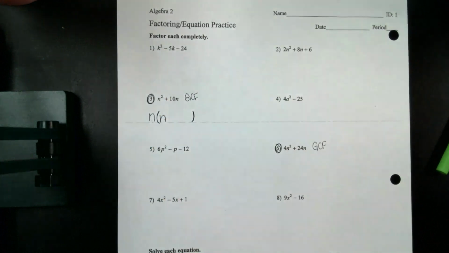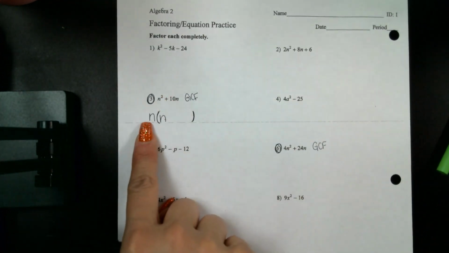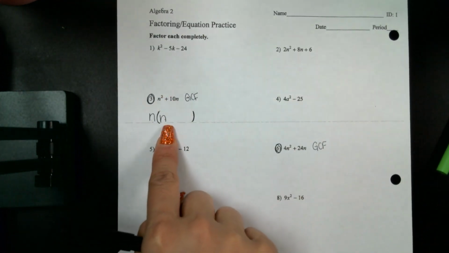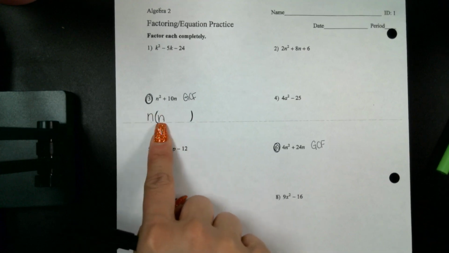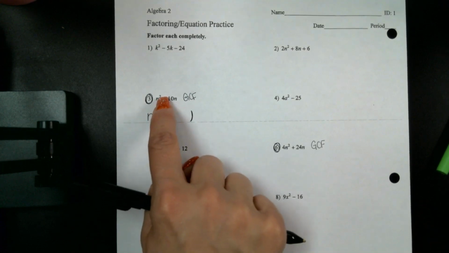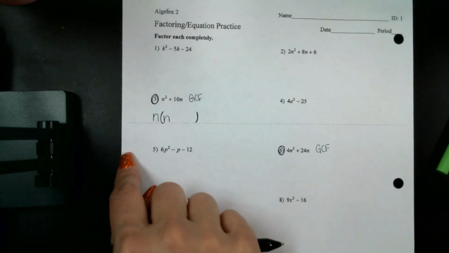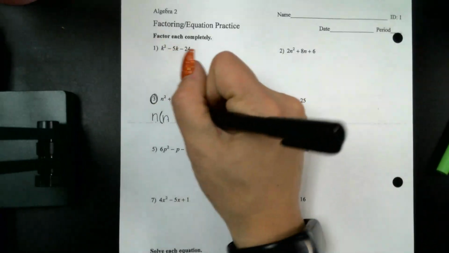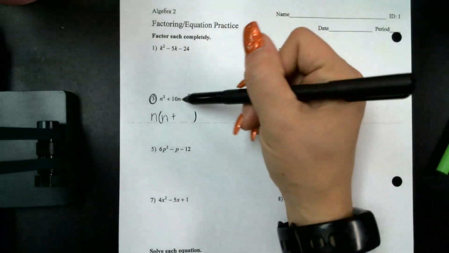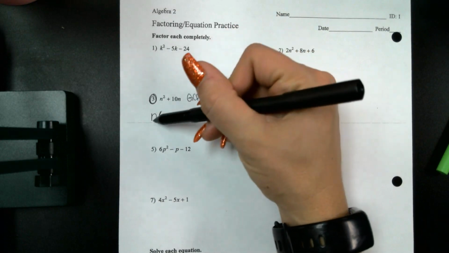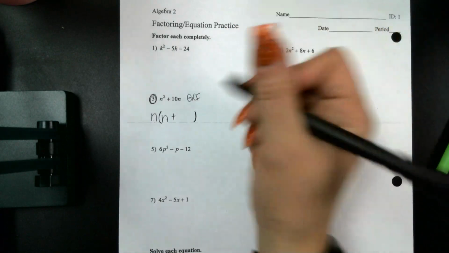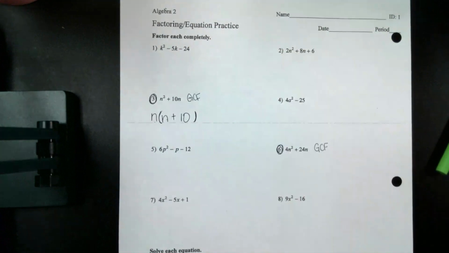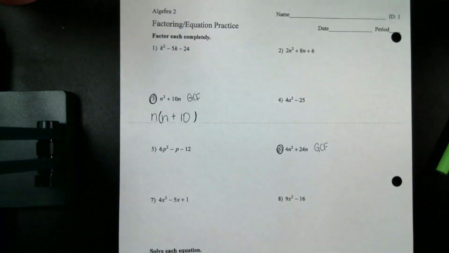If you had 2 of them here, but you took 1 of them out, don't you just have 1 left? Like n times n is n squared? Yep. Okay. Bring down that plus sign. And then out of 10n, if I got rid of the n, what's left? The 10. That right there is done.